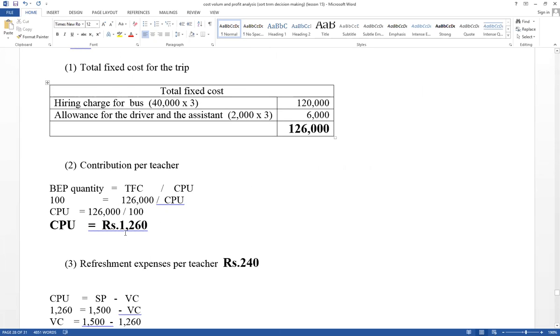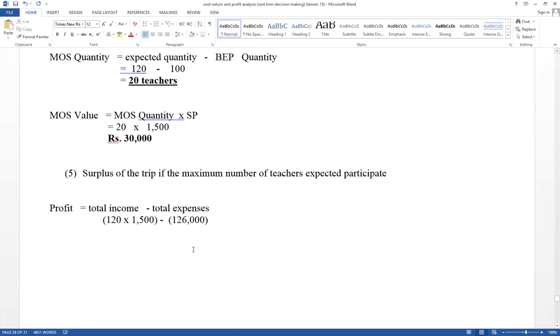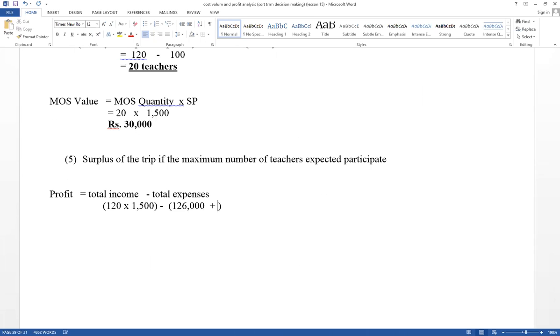Variable cost per teacher also calculated is 1260. It varies with the number of quantity, into 120. Therefore, this is total income minus total expense.